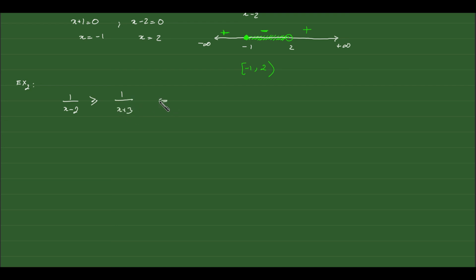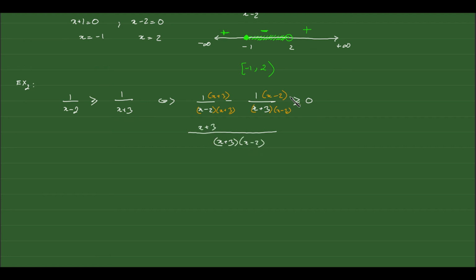Again, we're going to move it to the left hand side. Then we're going to find the LCD. You multiply over here by x plus 3, and over here you multiply by x minus 2. Then the denominator will be x plus 3, x minus 2.